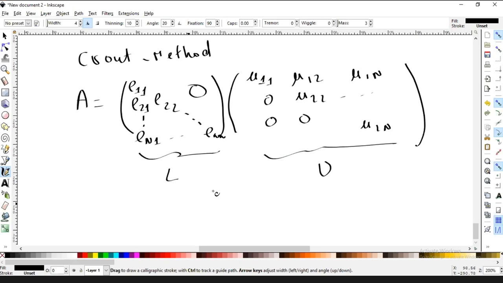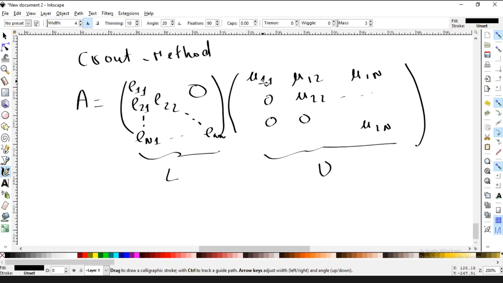So the crude method corresponds to putting ones on the diagonal of the upper triangular matrix. This is always possible. We can also put ones on the lower triangular, which is another method.